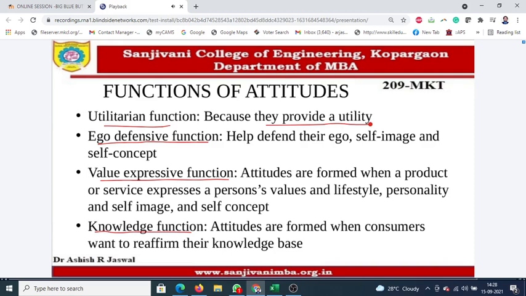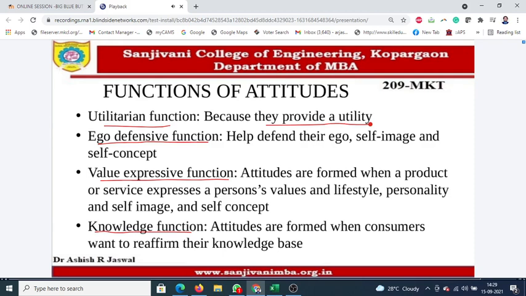And what is the second example? Meswak is an Ayurvedic toothpaste which fights tooth decay for 24 hours per day. Ayurvedic or herbal product giving 24-hour protection against tooth decay is a utilitarian function. That is what we need to understand.